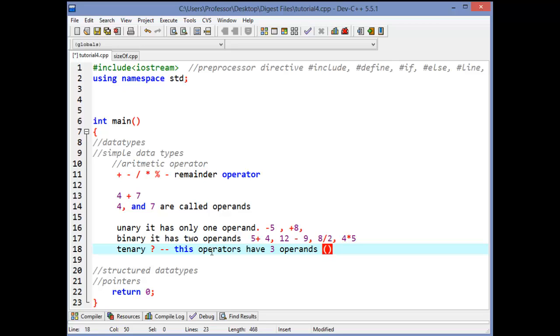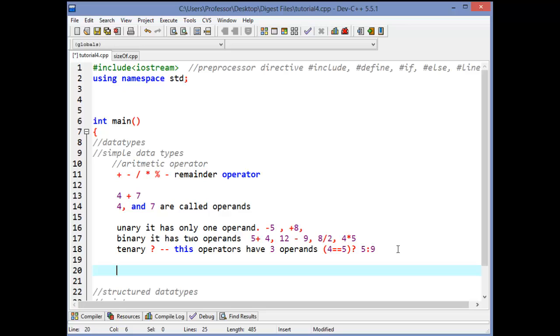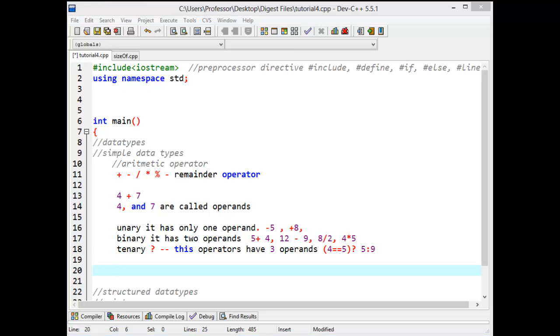For example, if I write 3 equals 4 and I bring a question mark here, 5, 9. This is my first operand, this is my second operand, this is my third operand. Is that okay? So that makes this particular question mark sign a ternary operator because it acts on three operands at a time.